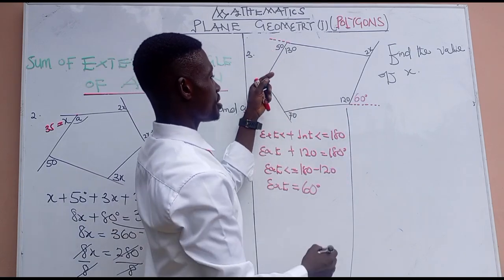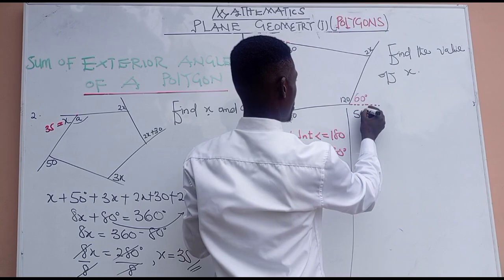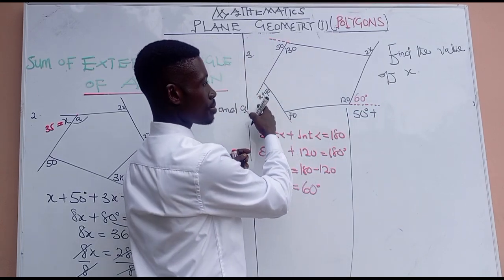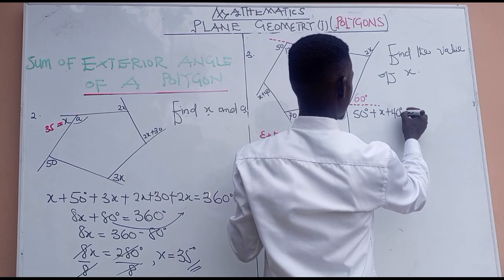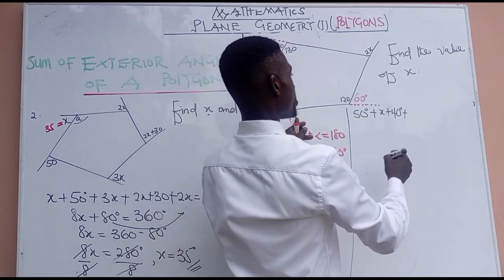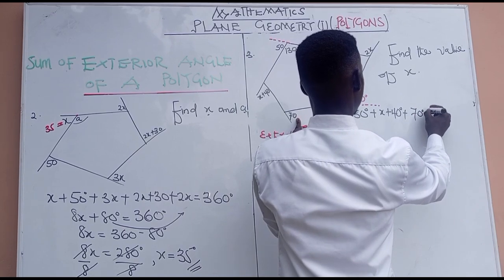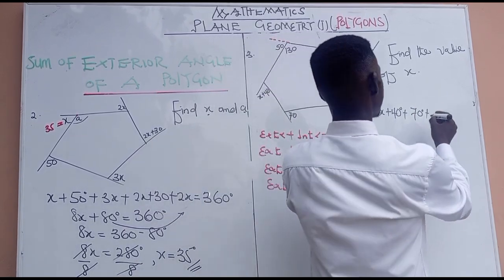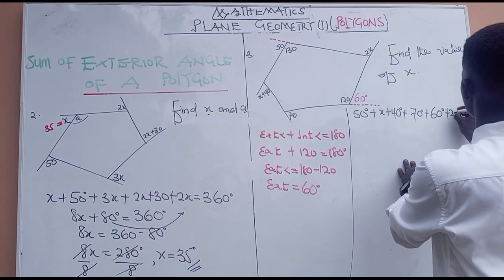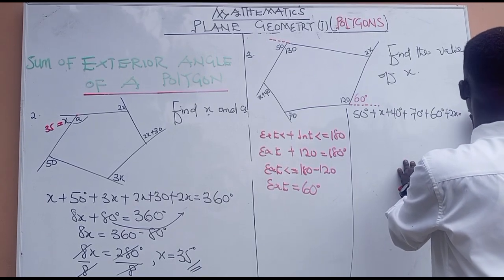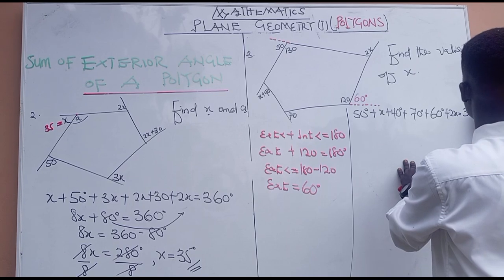So we have 50 degrees plus x plus 40 degrees plus 70 degrees plus 60 degrees plus 2x is equal to 360 degrees.